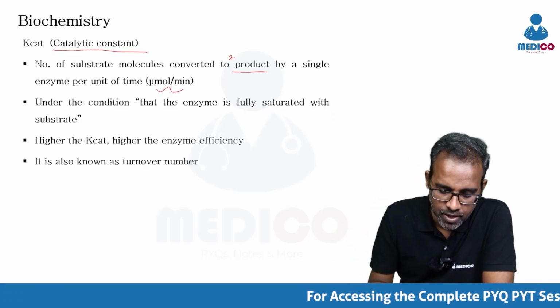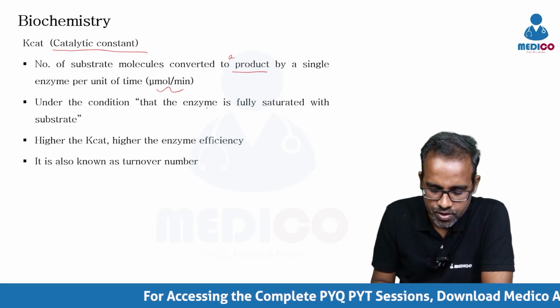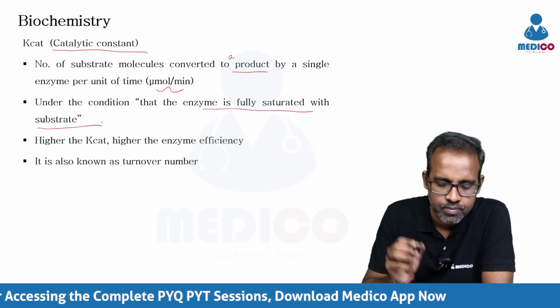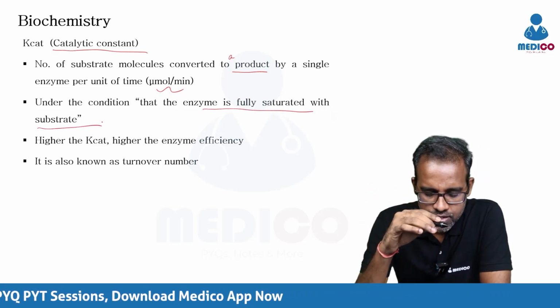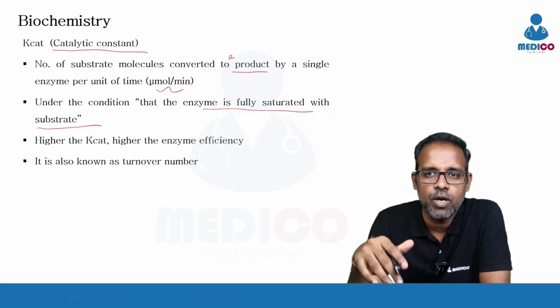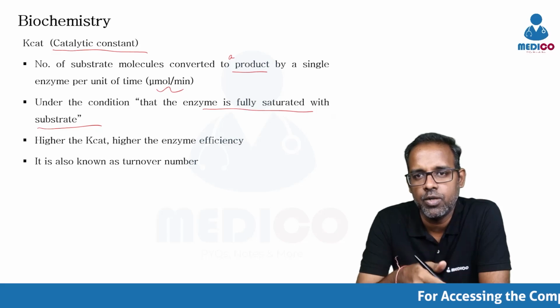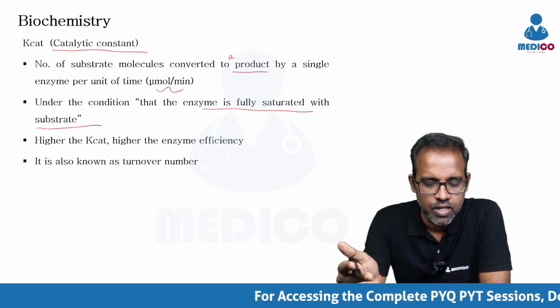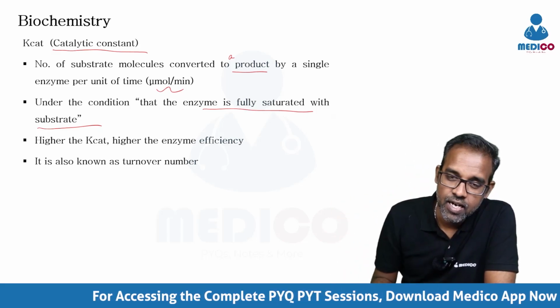Under which condition? Under the condition that the enzyme is fully saturated with substrate. So when you have an enzyme in the presence of a saturating concentration of the substrate, how many molecules of the substrate are converted to product? That is called Kcat.